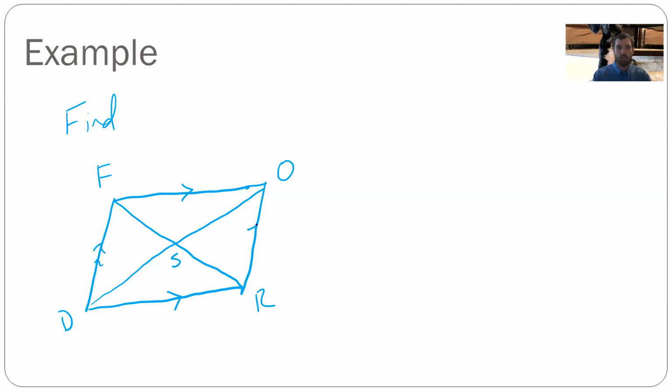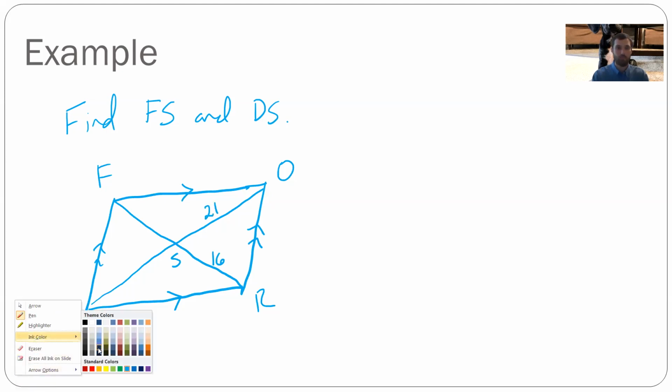This lesson is using parallelograms all over the place. But let's find FS and DS. All right, now what we know is SR is 16. And SO is 21.